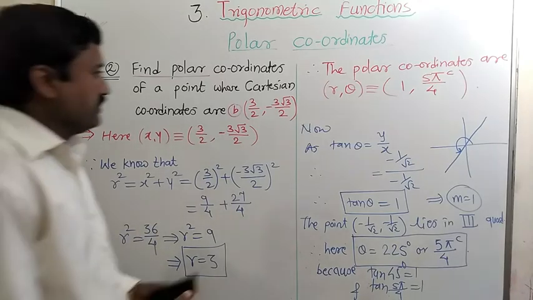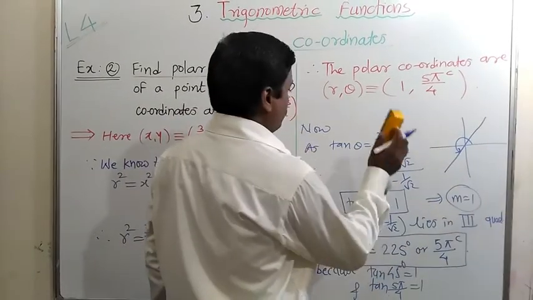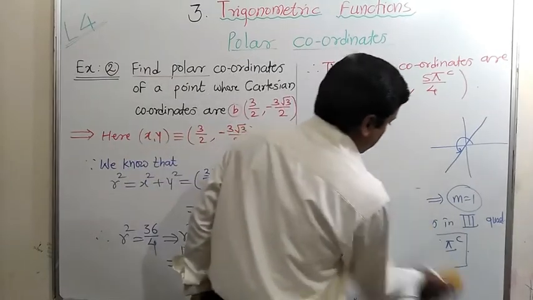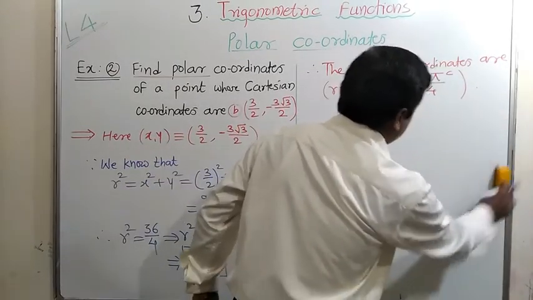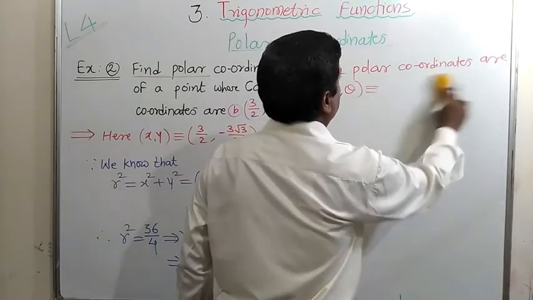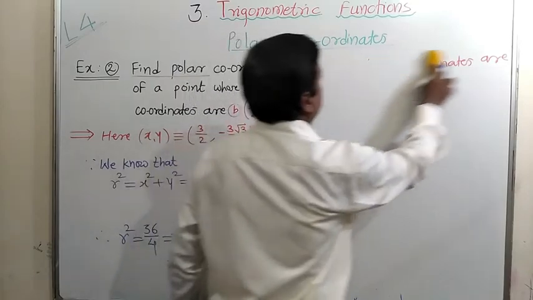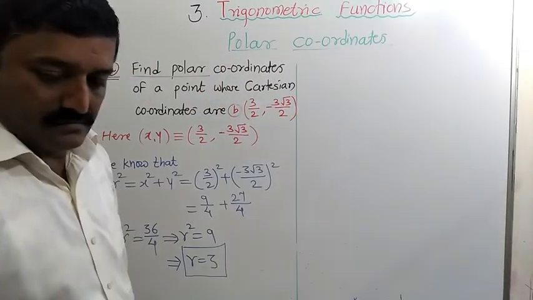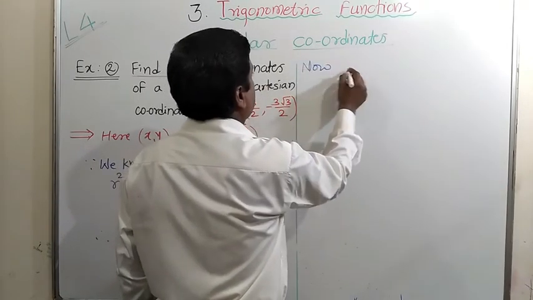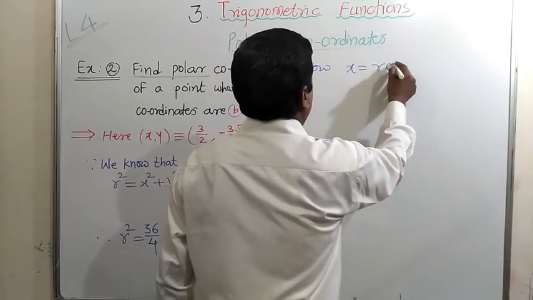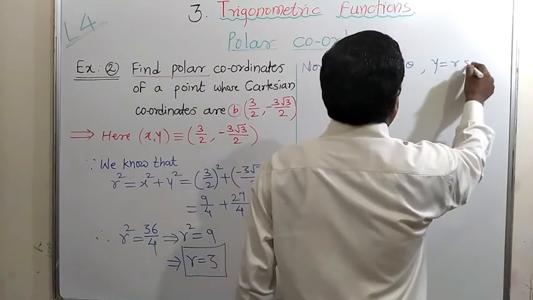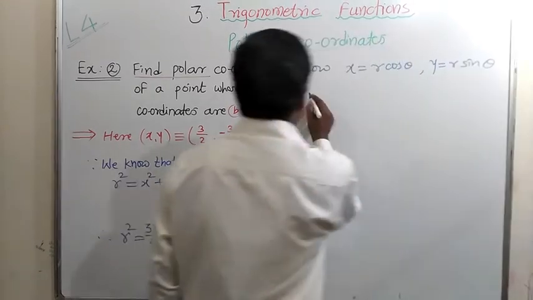Now in the second step, as tan theta is equal to y upon x, let us use the different equations to find the second polar coordinate, that is theta. Now x equals r cos theta and y equals r sin theta.